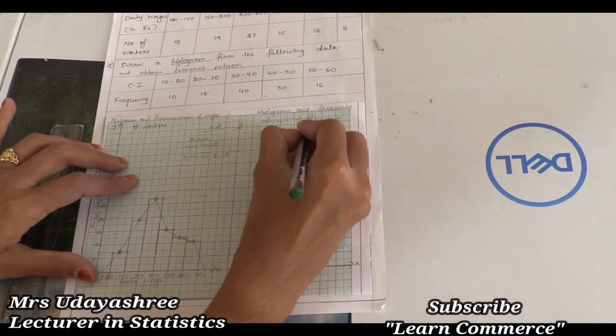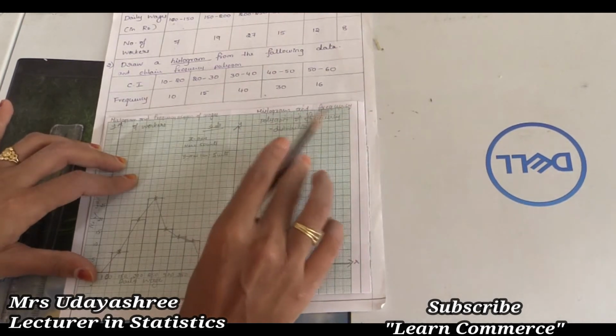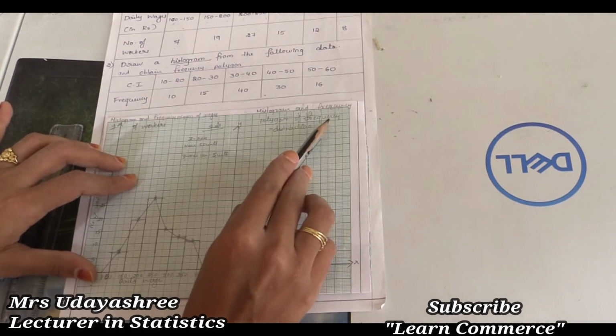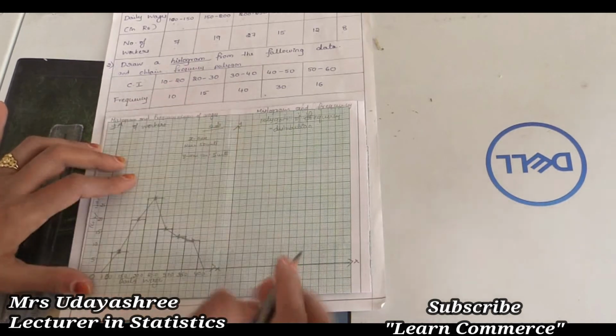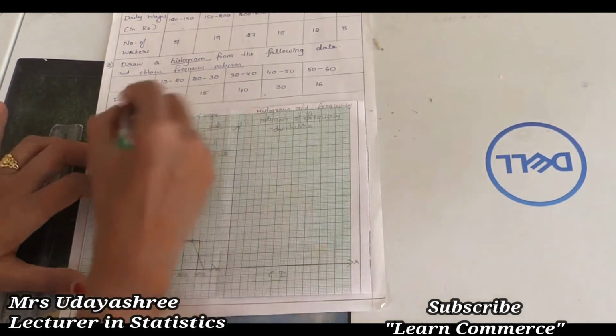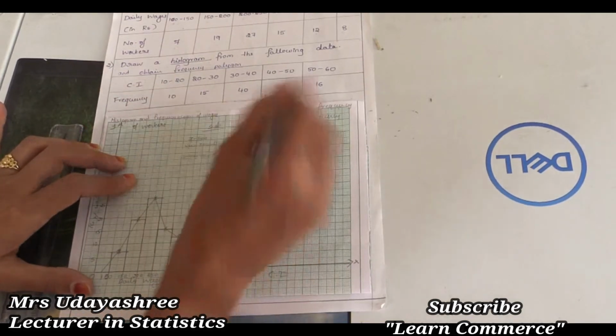Class interval is taken along x-axis and frequency is taken along y-axis.